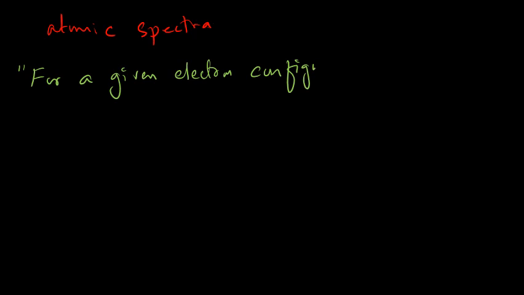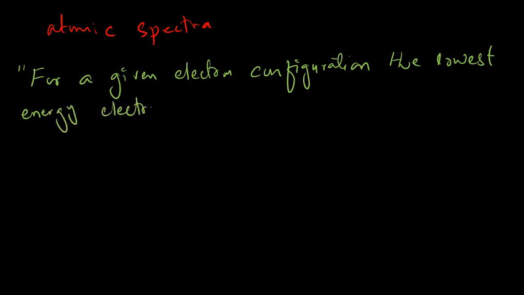We can state Hund's rule as: for a given electron configuration, the lowest energy electron is the one with the greatest value of multiplicity.